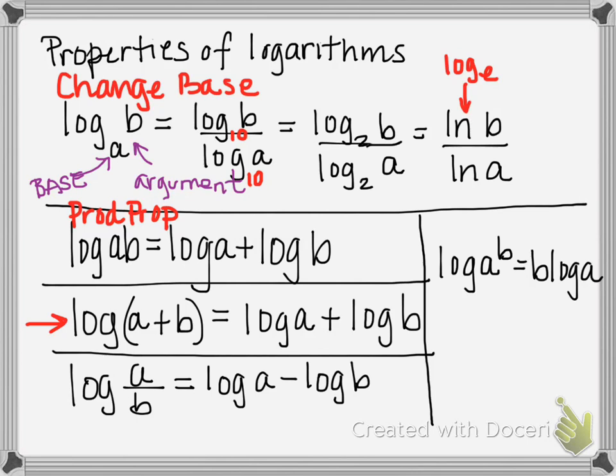We can't do that. And what I reiterate with students often and often and often is that log is not a number. It is not a variable. And what is a variable? A variable is a number that we don't know yet. What students try to do is use the distributive property with log, which doesn't make sense because log is not a number.